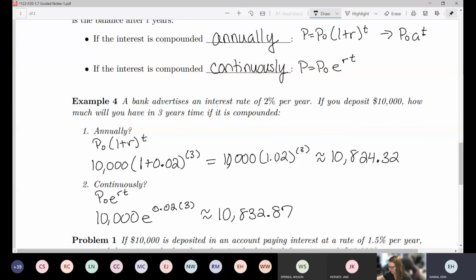I know 10,000 doesn't sound like a low value, but in terms of money and interest, it is. So it doesn't seem like a huge difference between $24 versus $32 after the 800. But of course, it does make a difference. That's the difference between the two: how often is the interest actually being added onto the amount? Is it just once per year or every single possible moment?